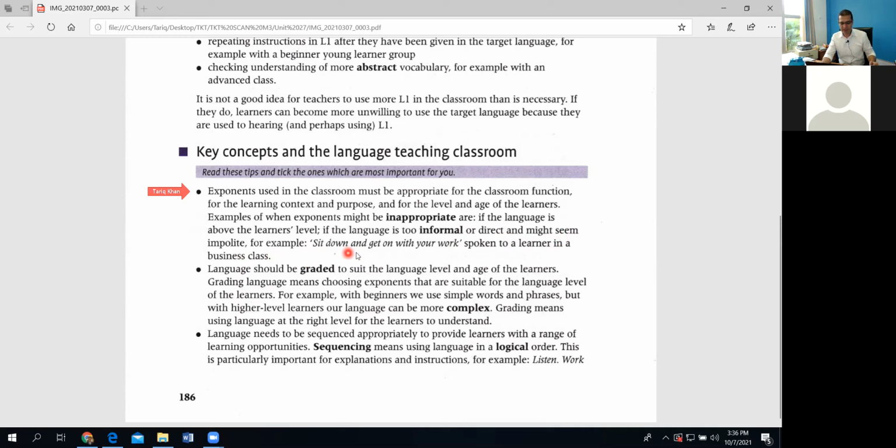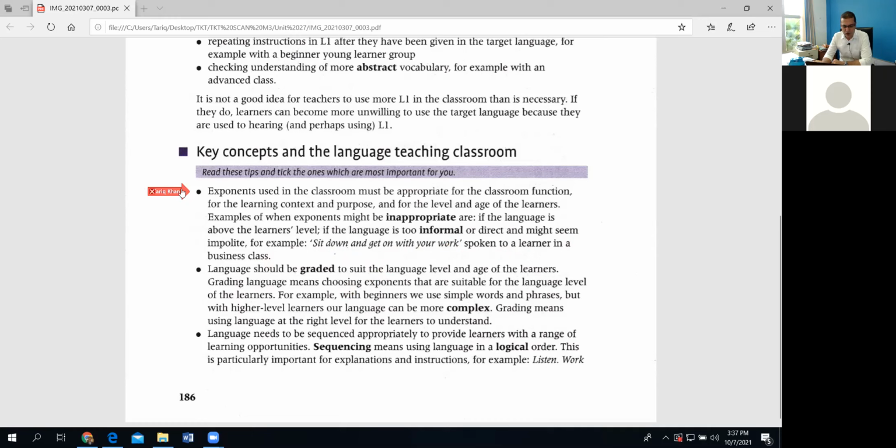An example is "Sit down and get on with your work," spoken to learners in a business class. If you have business class students, definitely they are adults and they might be professionals. And when you say sit down and get on with your work, it's very direct, instructing. So they should not be given instructions in that way, right?